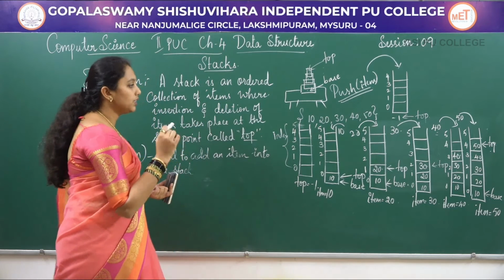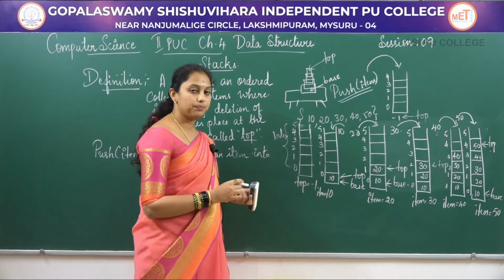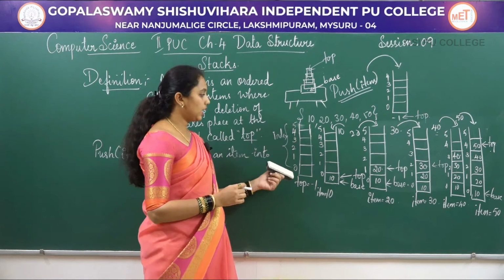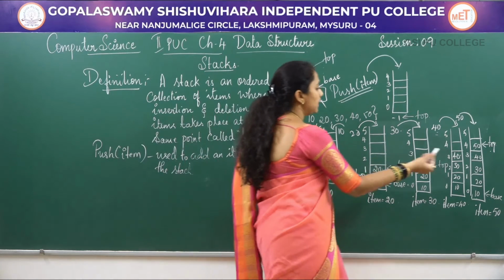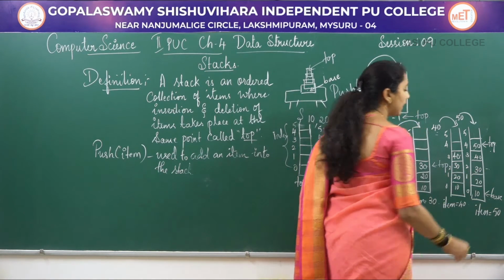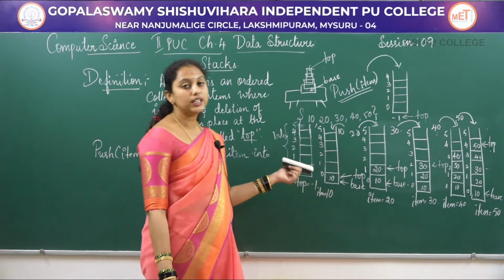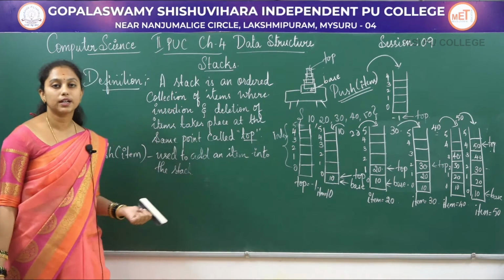If I want to delete an item from the stack, it is not possible to delete the middle element in the stack directly. So then how to delete an item from the stack?